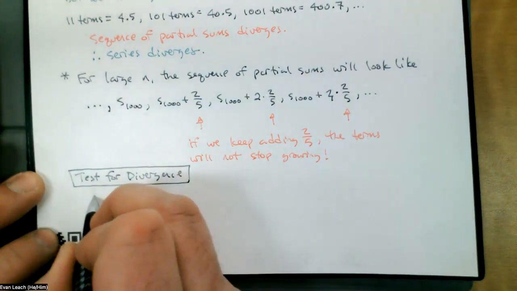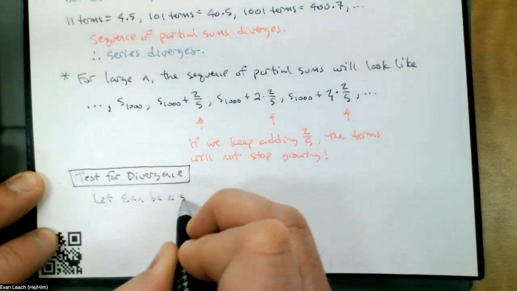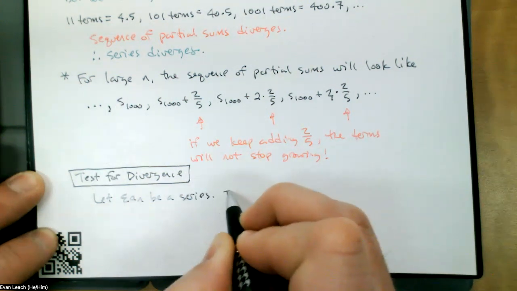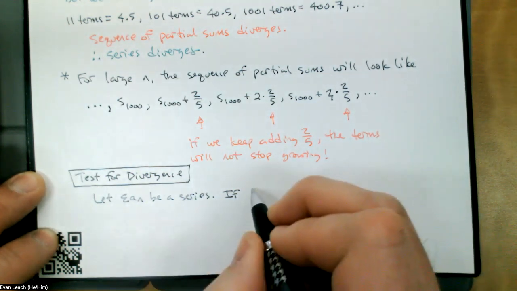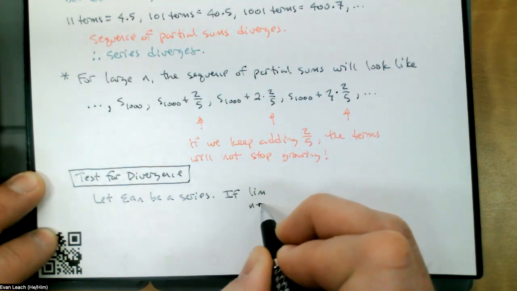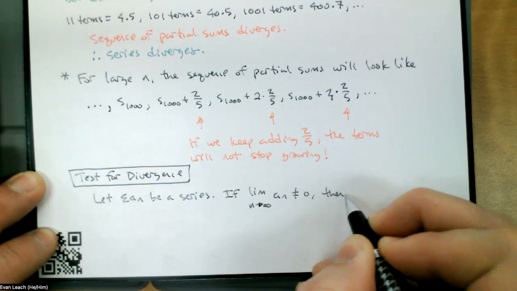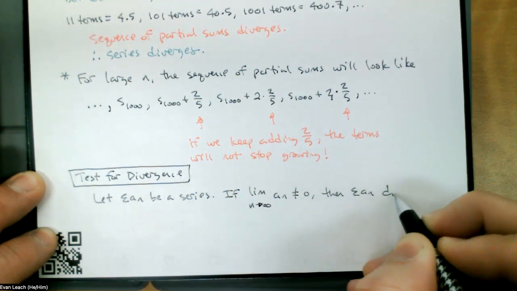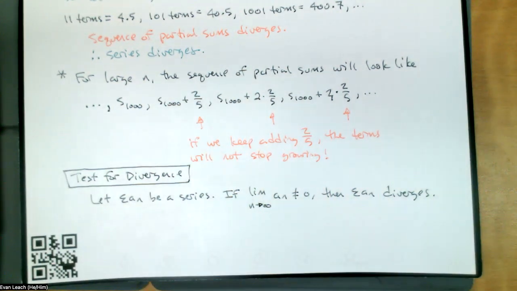Let a_n be a series. If the terms don't go to 0, the series diverges. If the terms of your series do not go to 0, then your series diverges.